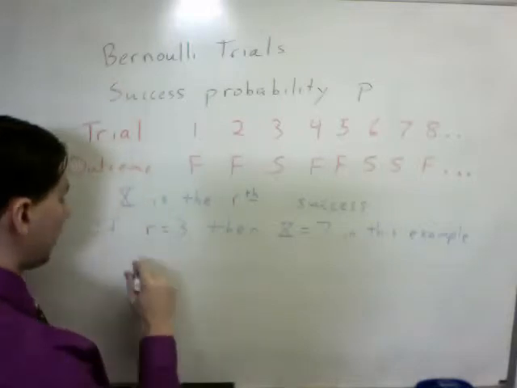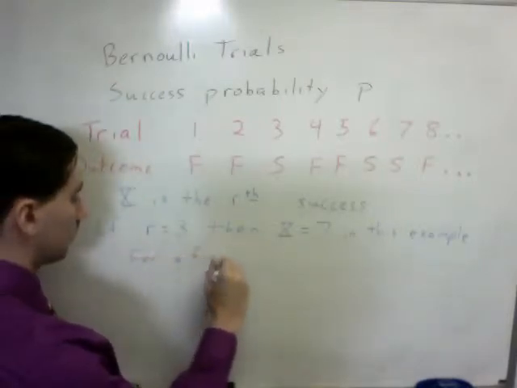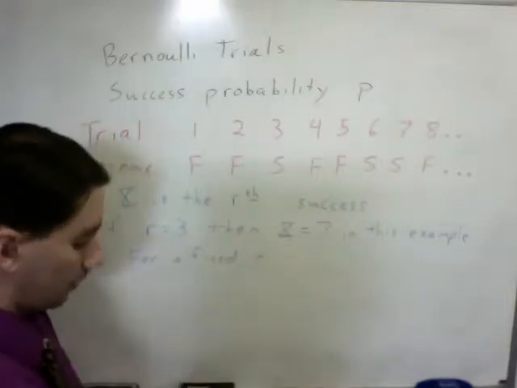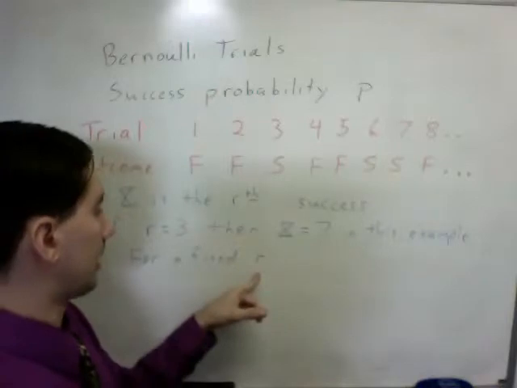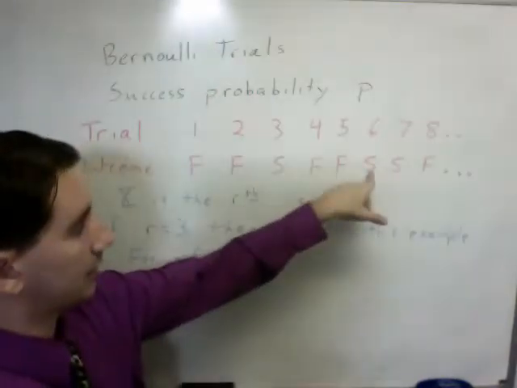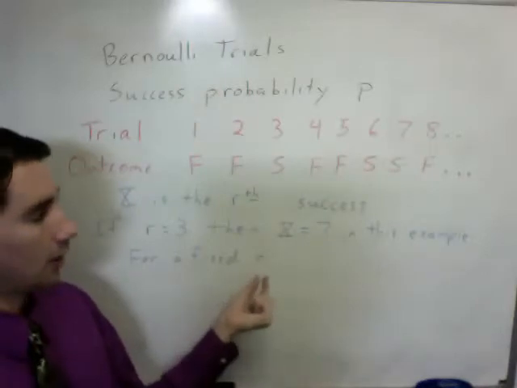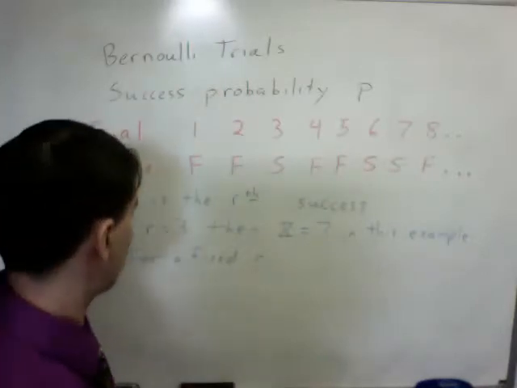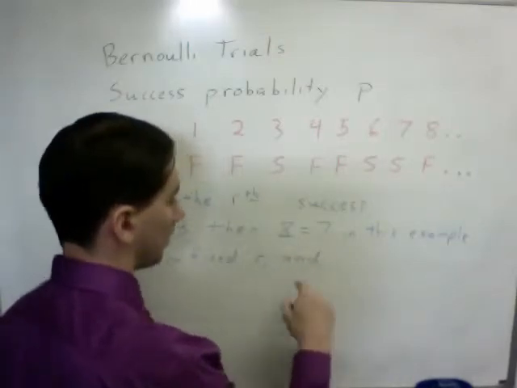Okay, so for a fixed r: if r is 1, we just have a geometric, right? Because that would be the first success. If r is 2, we're looking for the second success, which would be 6 in this case. But let's fix an r and say we're looking for the rth success. So what could k be?